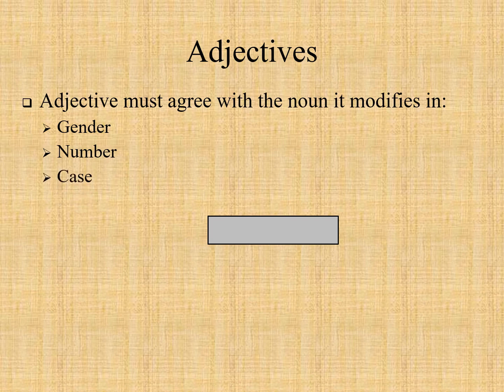So if the noun is in the genitive case, so has to be the adjective. Let's take an example. He agathe ecclesia. Hopefully you have learned some of the vocabulary so that you can try to make some sense out of this phrase. The translation is: the good church.